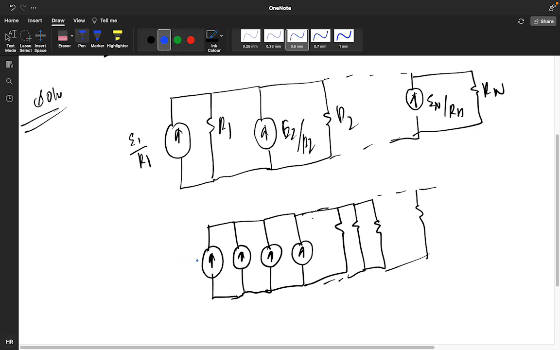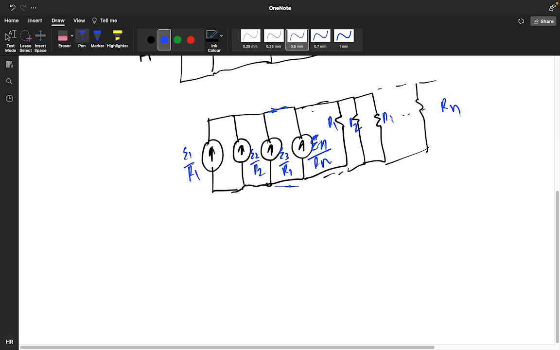So you are getting the values E1 by R1, E2 by R2, E3 by R3, and it is dotted, meaning many values will come, up to En by Rn. This is R1, this is R2, this is R3, dot dot dot, Rn.